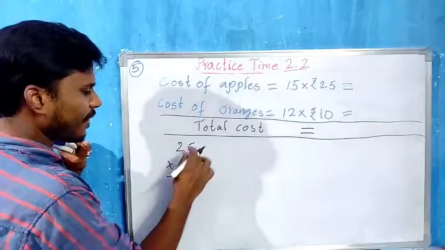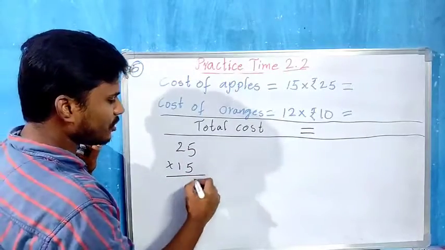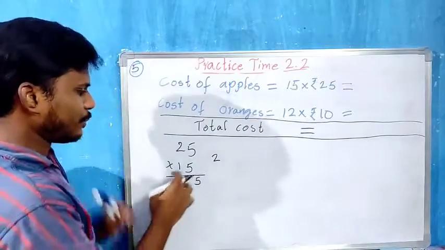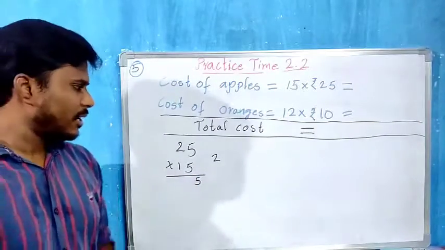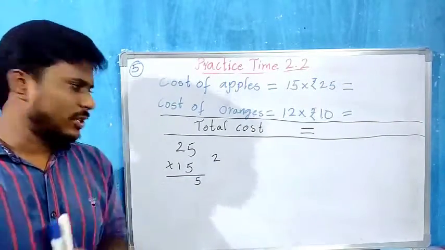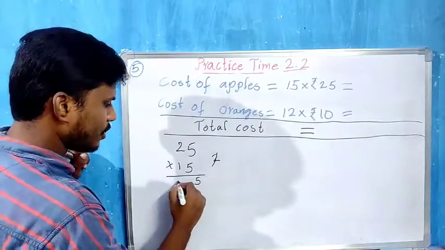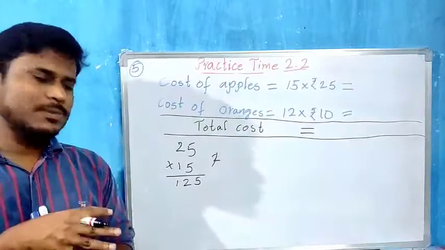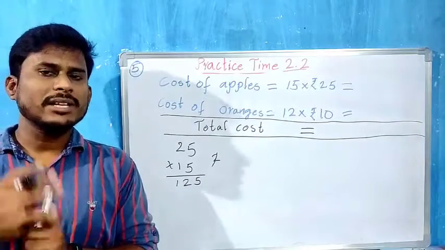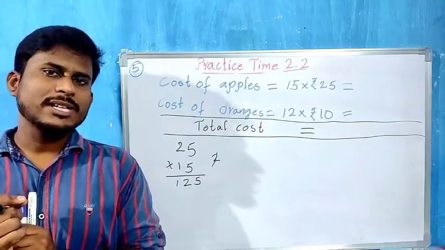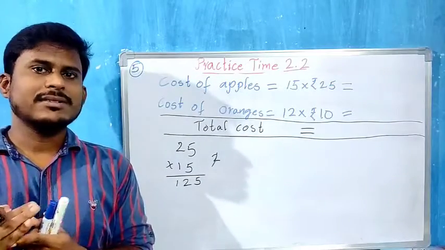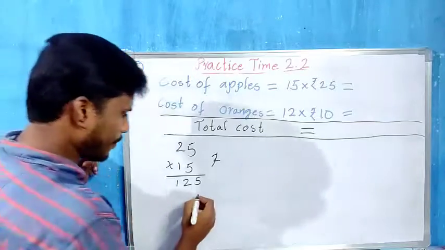So 5 5s 25, children. 25 means 2 regrouped and 5 in the ones place. 5 2s 10. 10 plus already regrouped 2, children. So 10 plus 2, it is 12. Now we have to multiply the multiplicand with the tens place, children. When you are multiplying with the tens place, the ones place will always become 0, because all the multiples of ten end in 0, children.